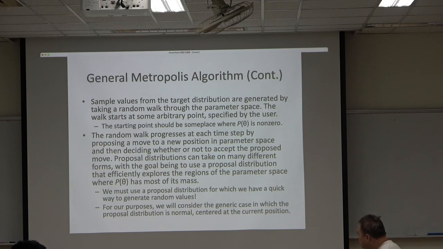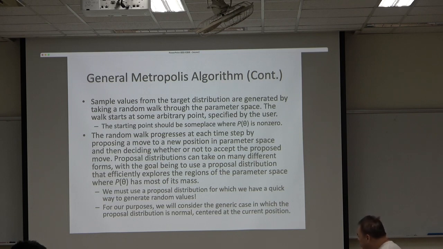We just need to make sure the proposal distribution we use has a quick way to generate random values. So pretty much any reasonable distribution should be good enough.